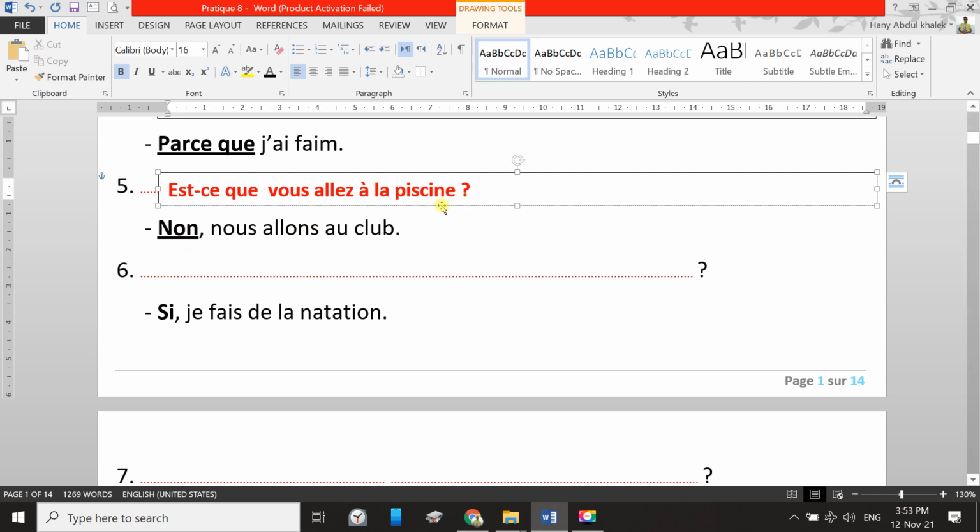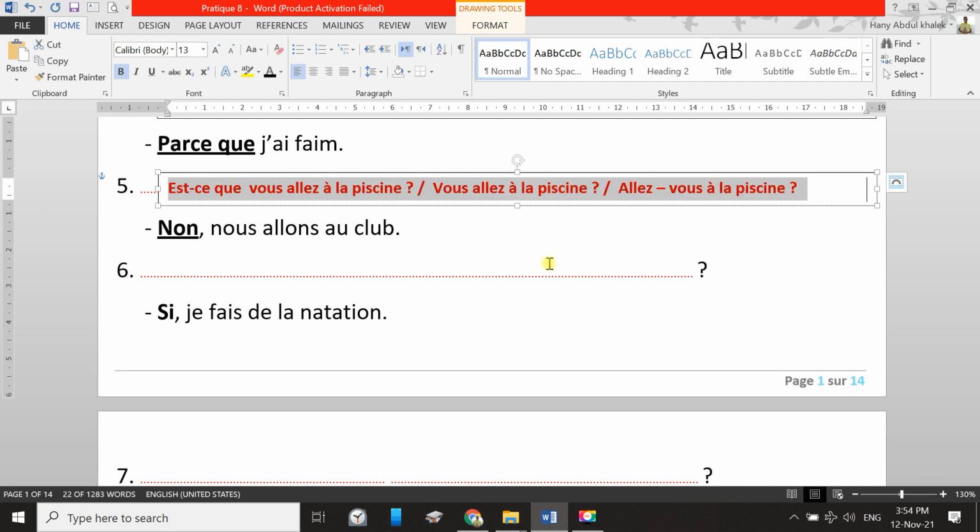So here we can say this question in another way, without est-ce que. We can say vous allez à la piscine? Here we can ask with the tone, with the voice. And we have another way, which is to start with the verb. Allez-vous à la piscine?